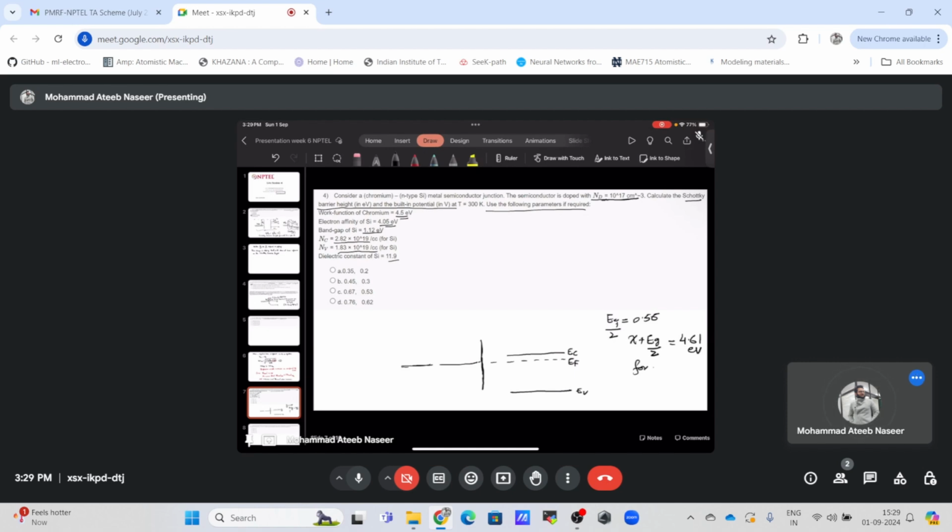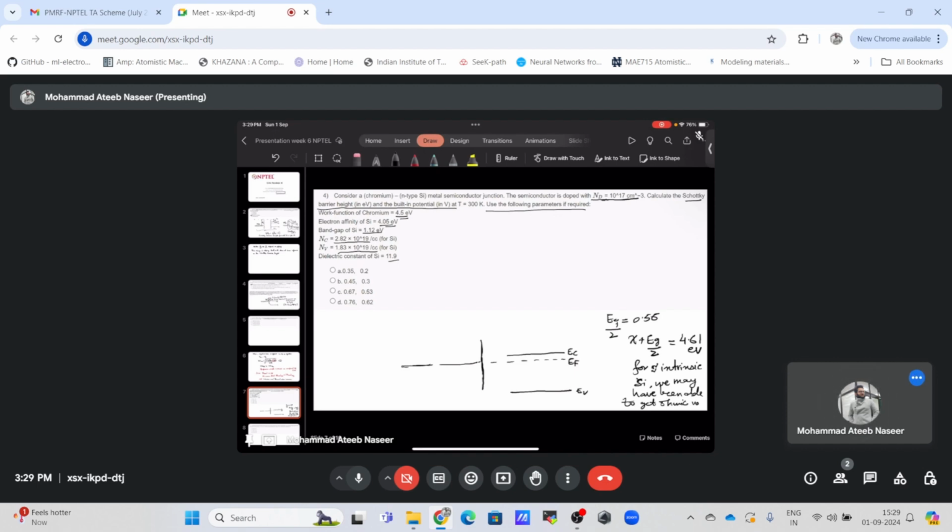So for approximately intrinsic material, intrinsic silicon, we may have been able to get ohmic nature.